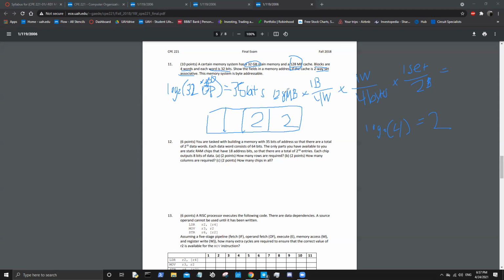So we have 2 to the 20th, which is going to be minus 2, minus 2, minus 1. So that should be 17 or something. So that's going to be 128 times 2 to the 17th power sets.